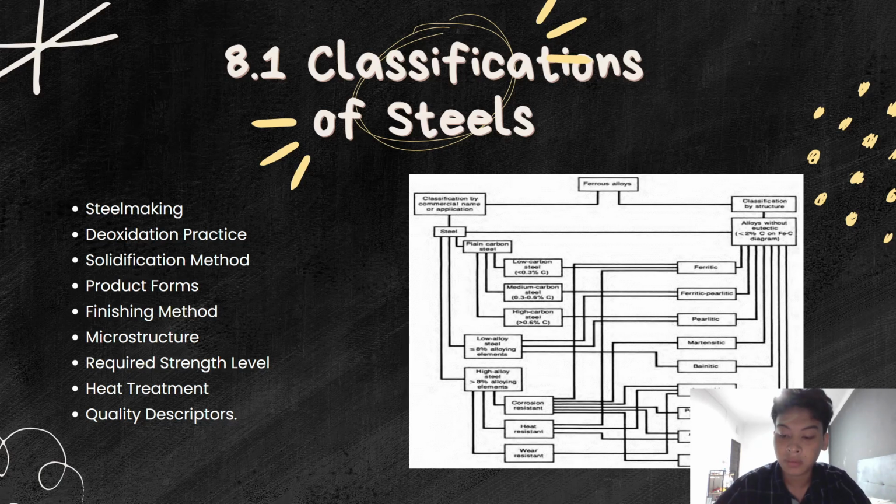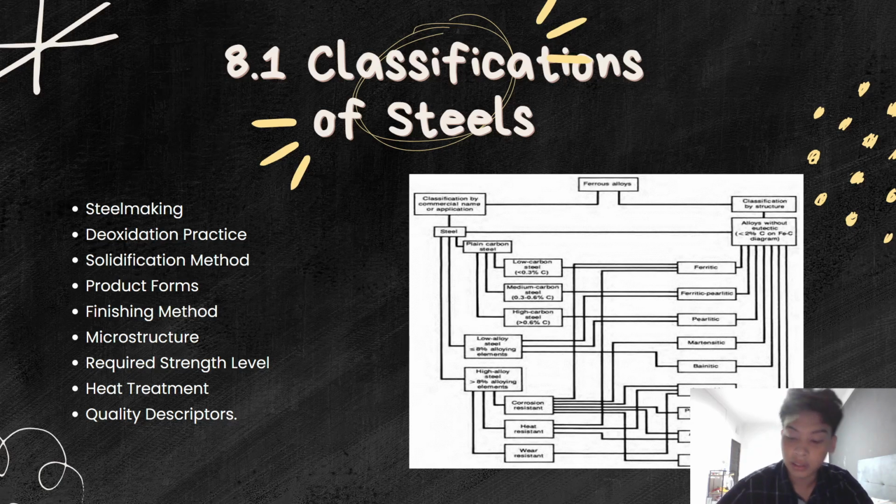Product forms. Various steel product forms called mill products are produced in steel mills either by continuous casting or by the breakdown of ingots into various shapes by rolling, drawing, or extrusion operations. The various types of mill steel products include sheets and coil of low carbon steel for applications ranging from cars to appliances.